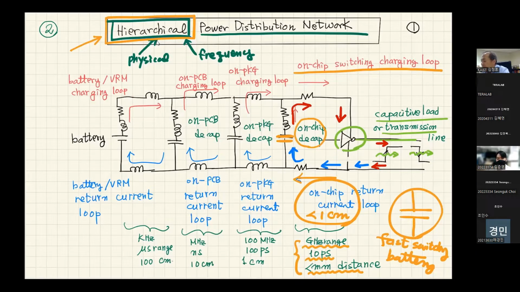However, the advantage of this on-chip decoupling capacitor is that it has minimal inductance, so switching noise could be very minimal. Later on, we will show that the self-resonance frequency is in the gigahertz range. So this on-chip decoupling capacitor is responsible for charging and discharging current at the high frequency range.